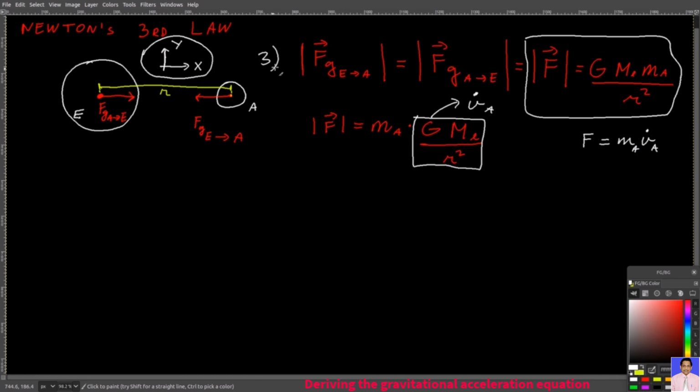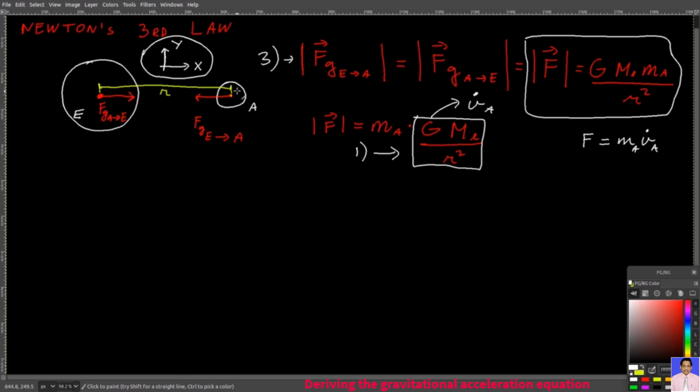Question 3 was this one here. You saw that the forces that both objects exerted on each other had the same magnitude and were opposite in direction, according to Newton's third law. And then the first question was this one here. That's the acceleration of object A with respect to this inertia frame.